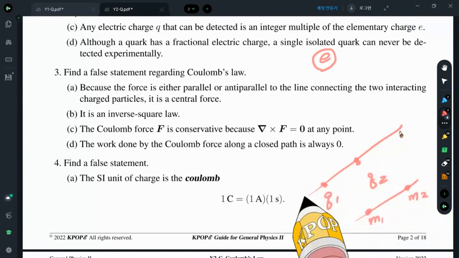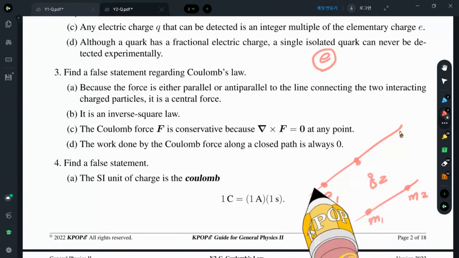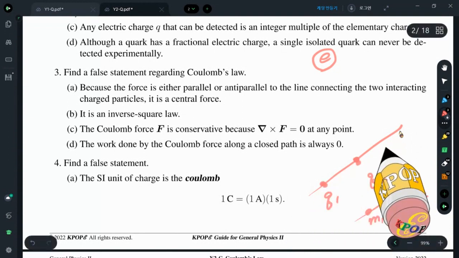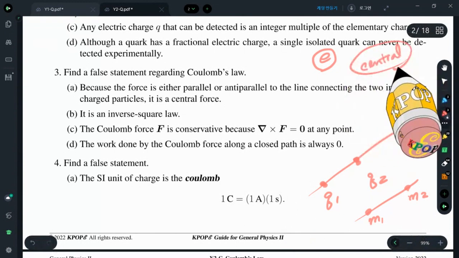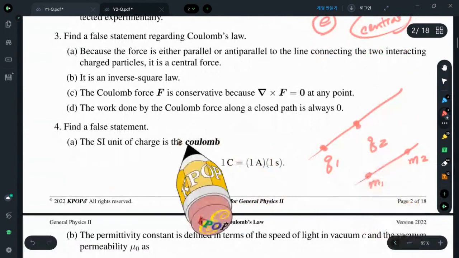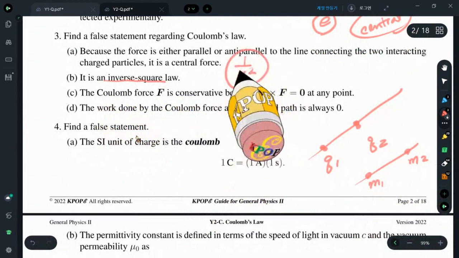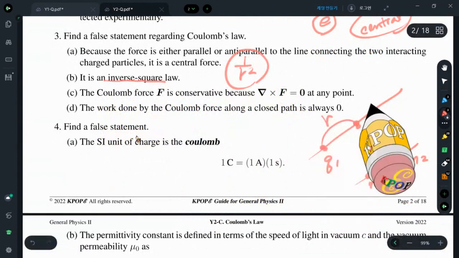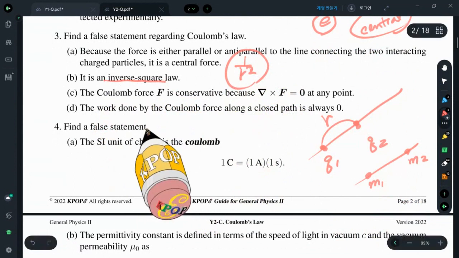These kinds of forces, where the line of force lies on the line that connects the two objects sharing the force, are called central forces. And both of them satisfy the inverse square law, 1 over r squared. The strength of the force decreases as the distance between the two objects increases as 1 over r squared. That is called the inverse square law.